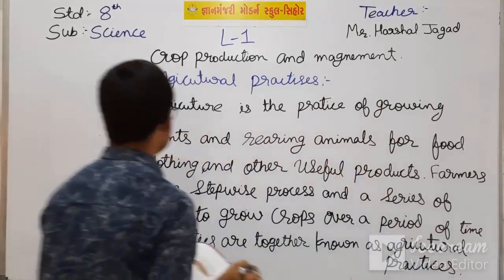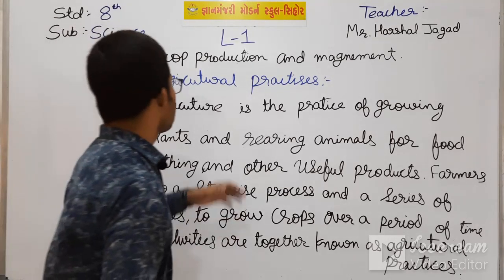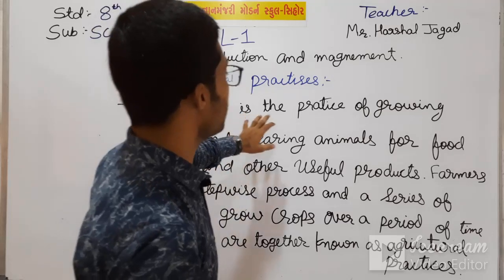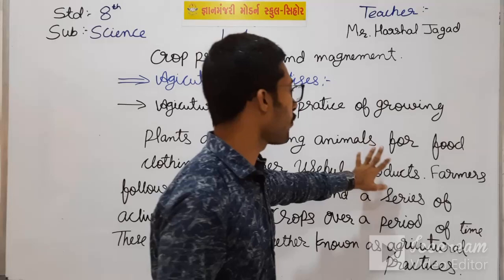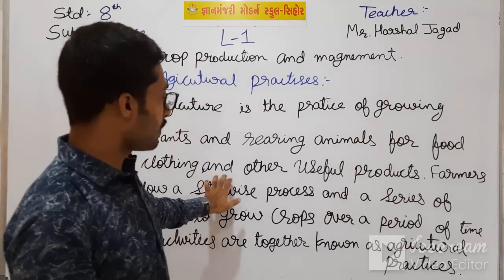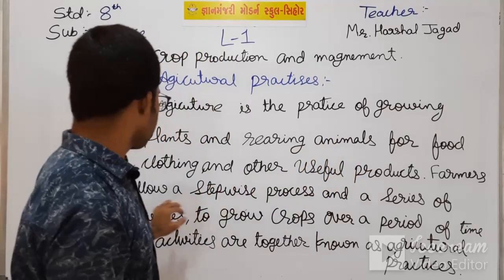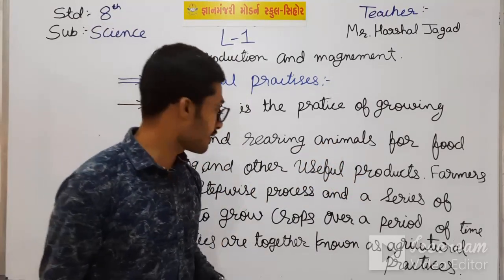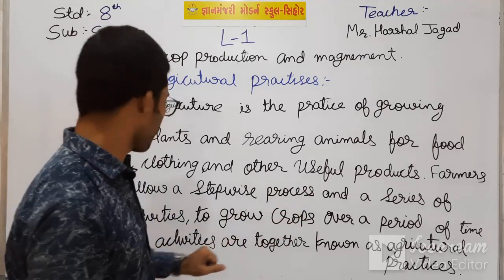Okay students, this is the definition of agricultural practices. Agriculture is the practice of growing plants and rearing animals for food, clothing, and other useful products. Farmers follow a stepwise process and a series of activities to grow crops over a period of time.